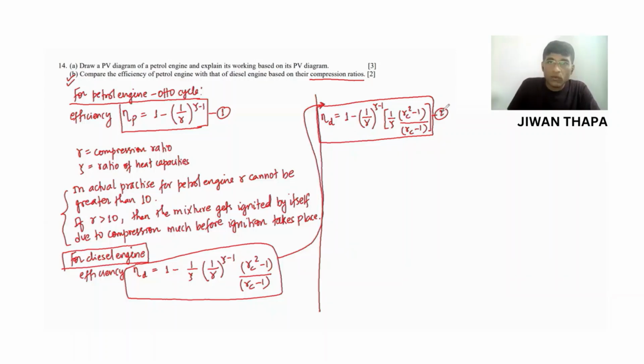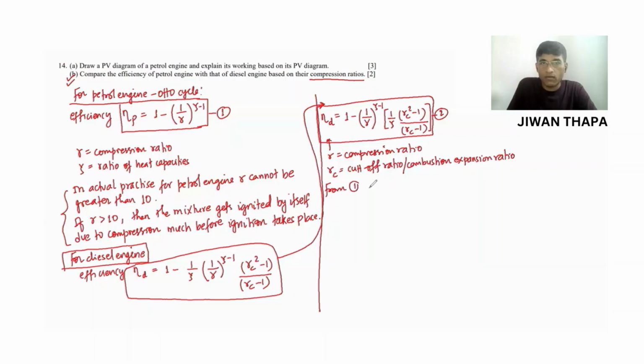Now, in equation 2, r represents the compression ratio, and rc is called the cutoff ratio, or the combustion expansion ratio.